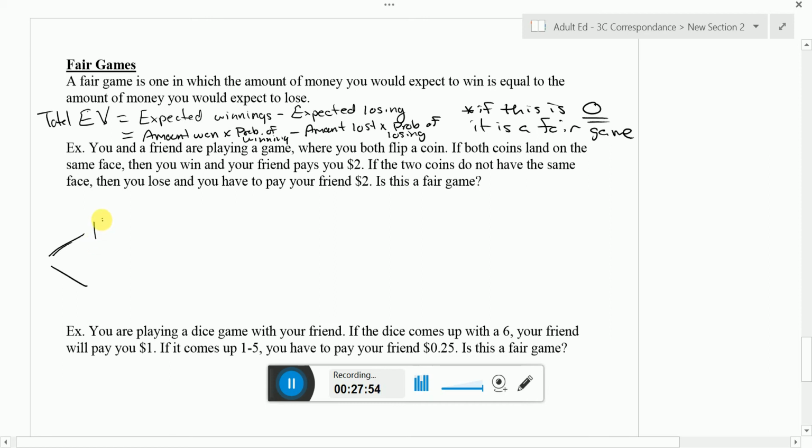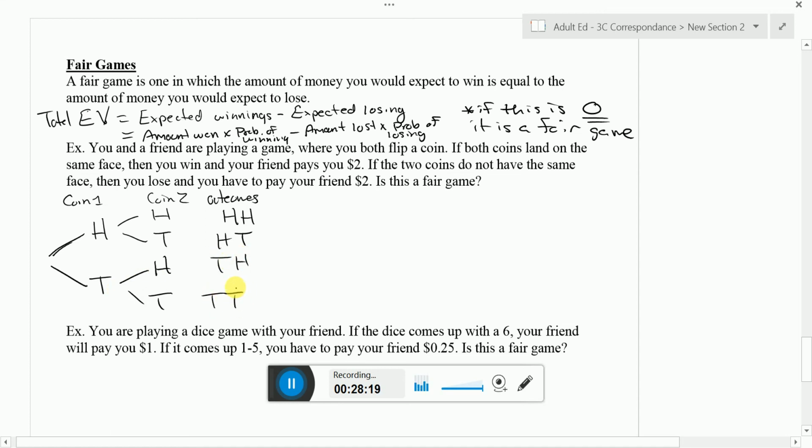Again, when you flip a coin, you have heads and tails. So this is coin 1. And then we do it again. And this is coin 2. We have heads and tails, heads and tails. We have our outcomes. The first one is heads, heads. The next one is heads, tails. The next one is tails, heads.